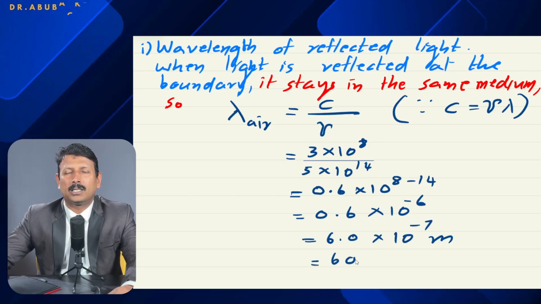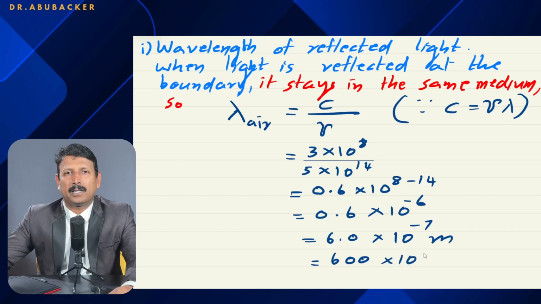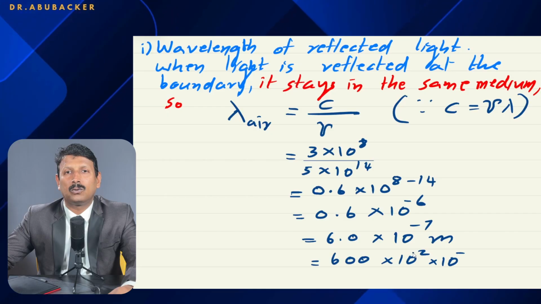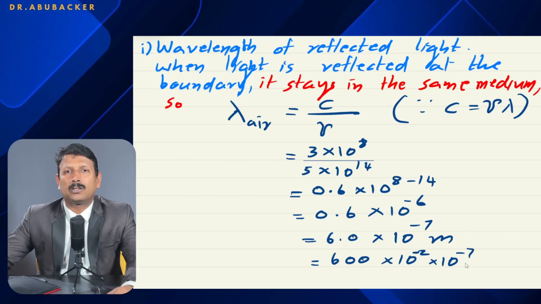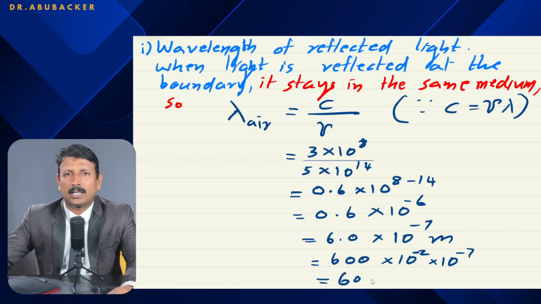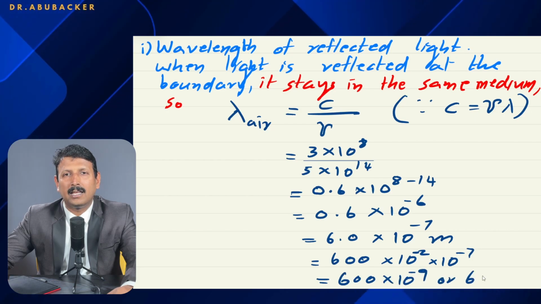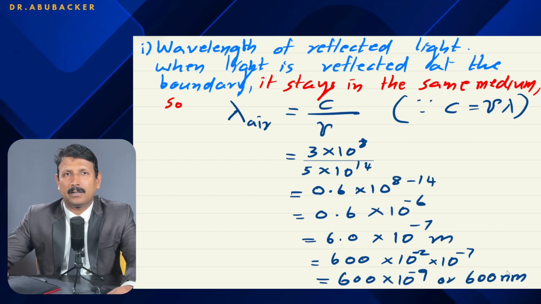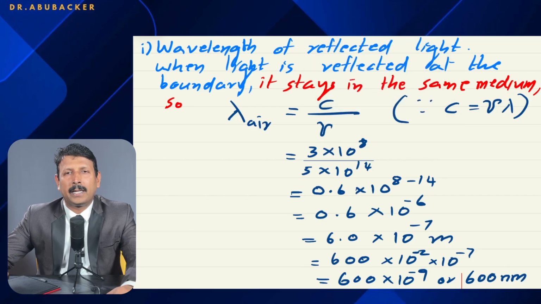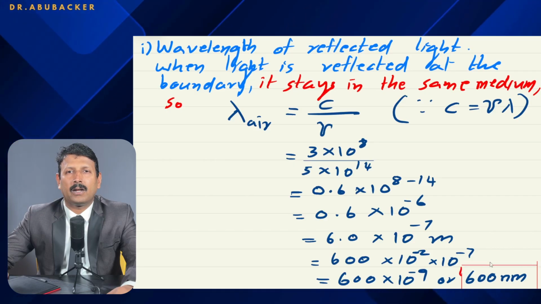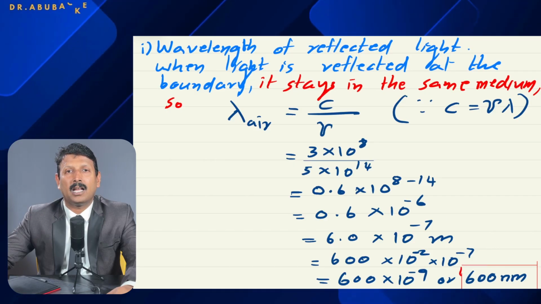One more adjustment to get the answer in nanometer: make it 600, so two points extra moved, so 10 raised to minus 2 has to be used. Total, 600 into 10 raised to minus 9, that is 600 nanometer. So lambda air calculation is done. That means the wavelength of the reflected light is calculated.